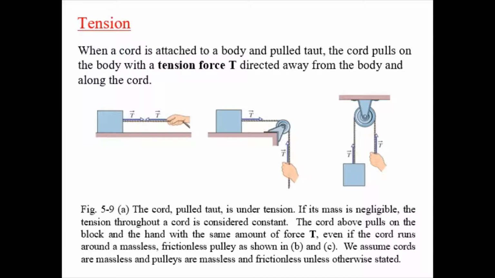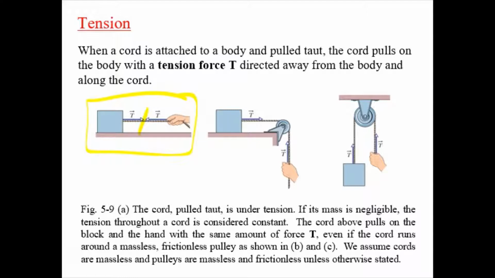For example, in the diagram on the left, we have a person pulling the block to the right. So the tension in that rope on the block is a force to the right. However, if I look at the force on the person's hand, the tension is to the left. My tip is to imagine cutting the string here.